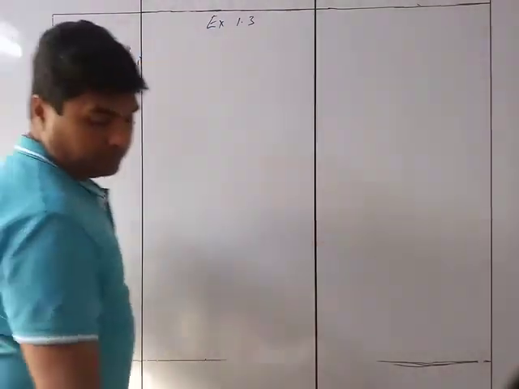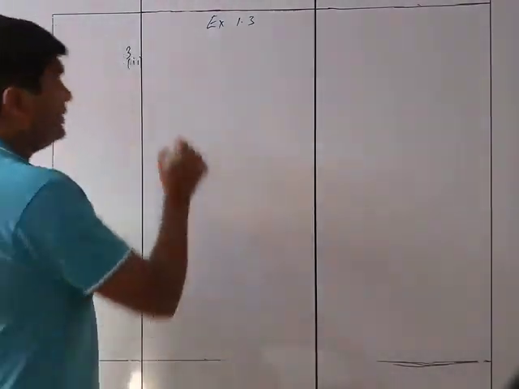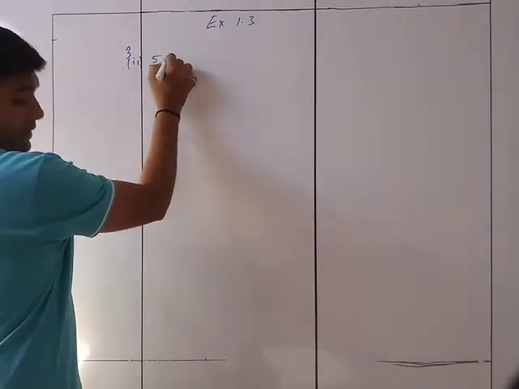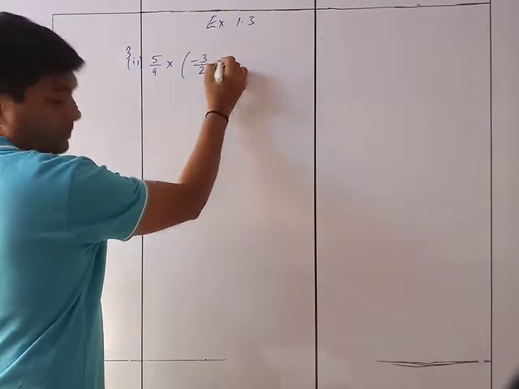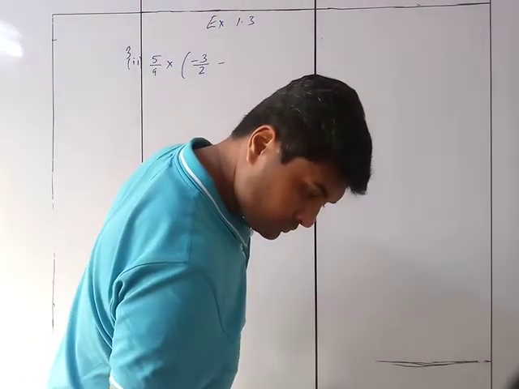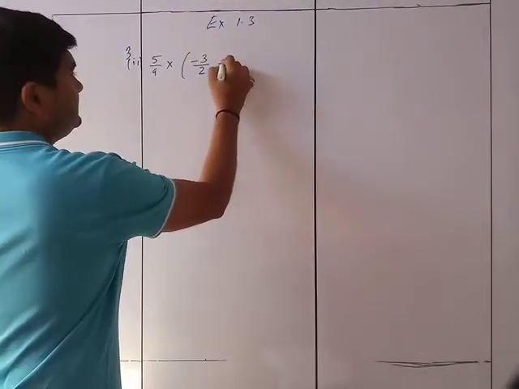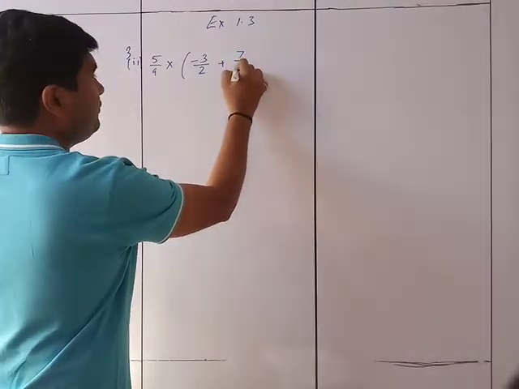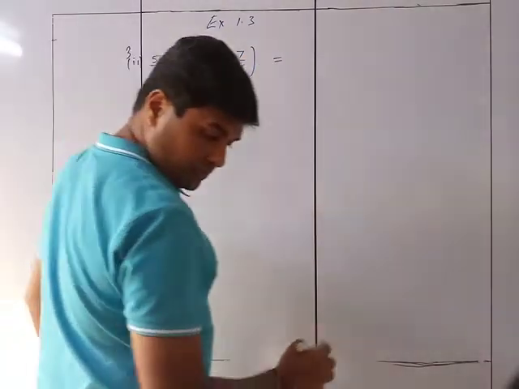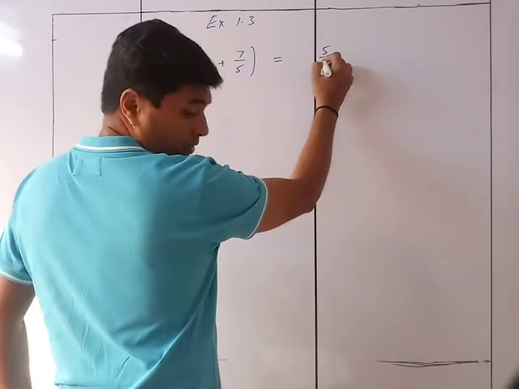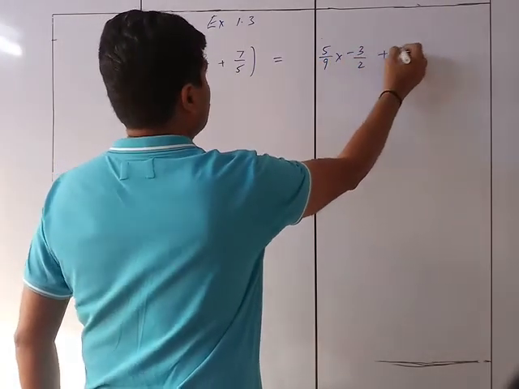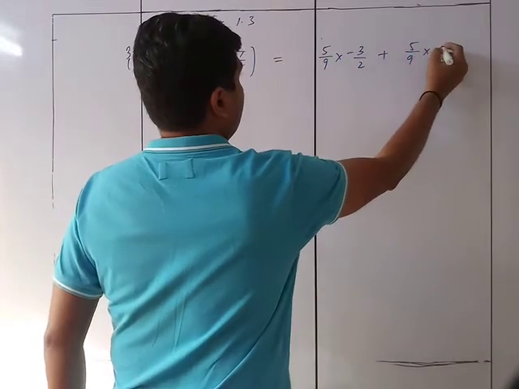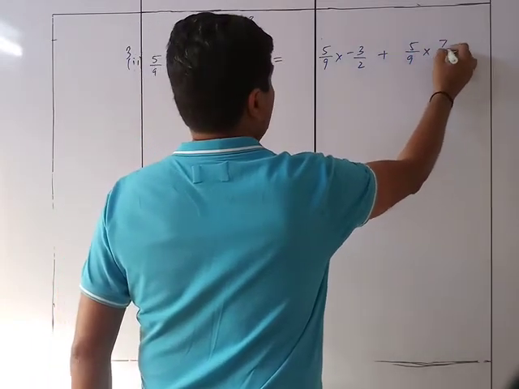The second sum is 5 upon 9 into minus 3 upon 2 plus 7 upon 5 is equal to 5 upon 9 into minus 3 upon 2 plus 5 upon 9 into 7 upon 5.